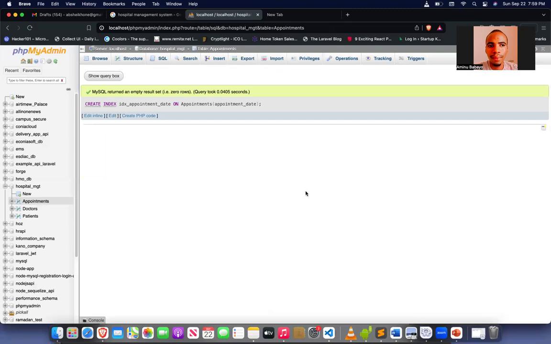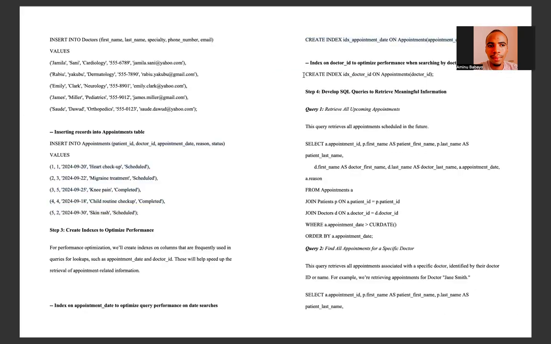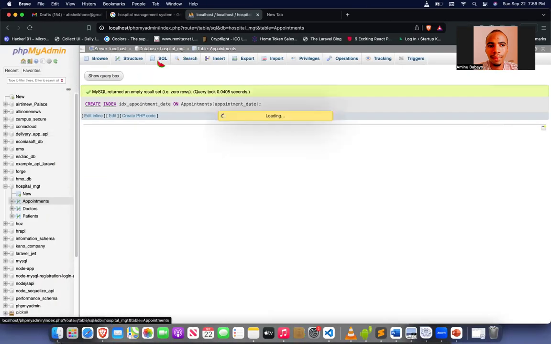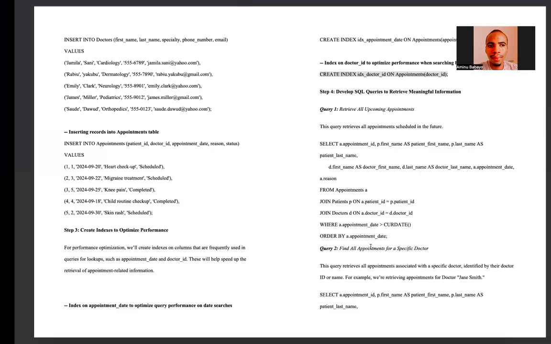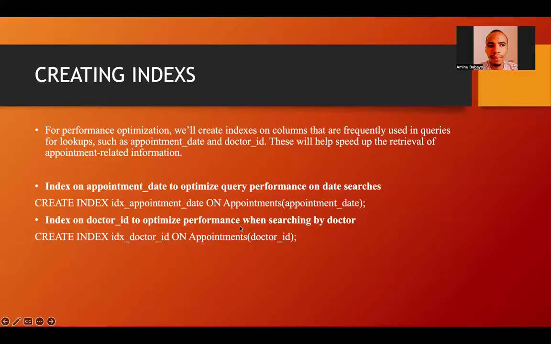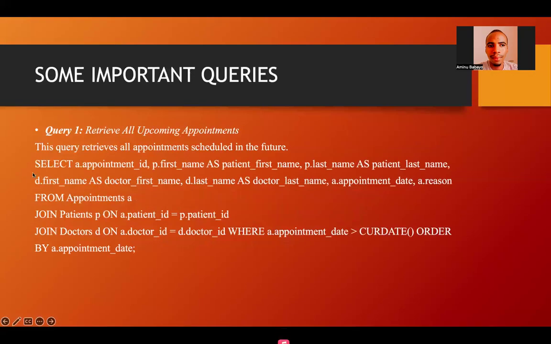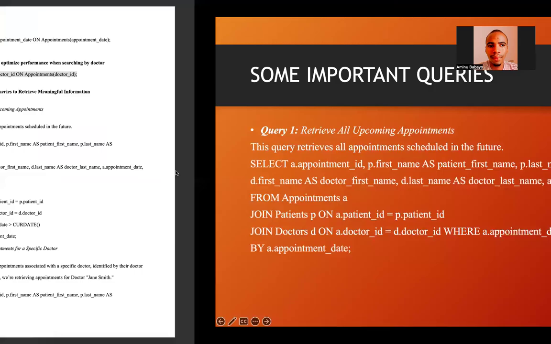Here we see we created the indexing. So also this one here, let's create the indexing. Optimize the performance. Yeah, also we are done. So now the next step is going to be retrieving all upcoming appointments.